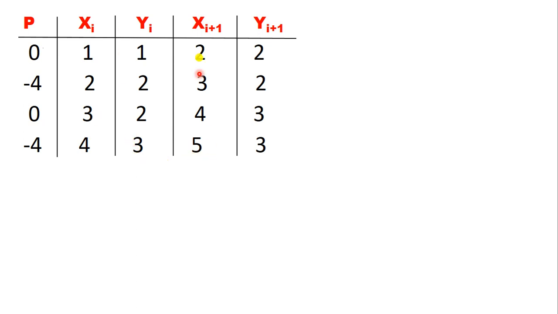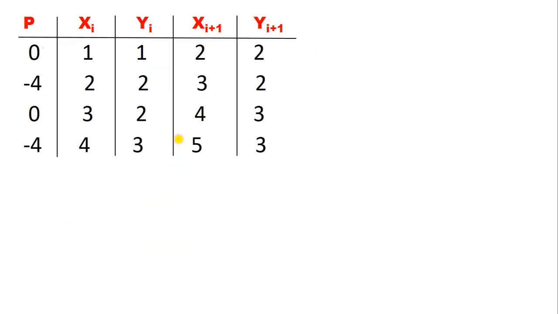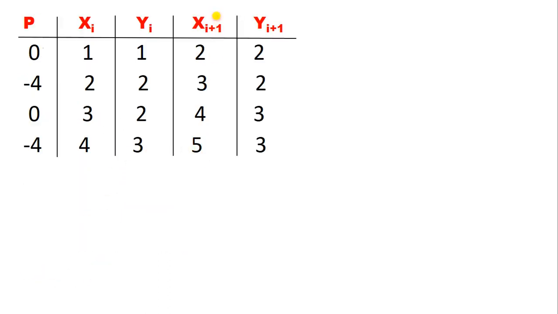Now we have to find xi plus 1 and yi plus 1. Whatever the previous value is, we add 1 to it, and that will be our xi plus 1. The previous value is 4, so I have written 4 here and we add 1. The result is 5. That 5 is our xi plus 1 value.